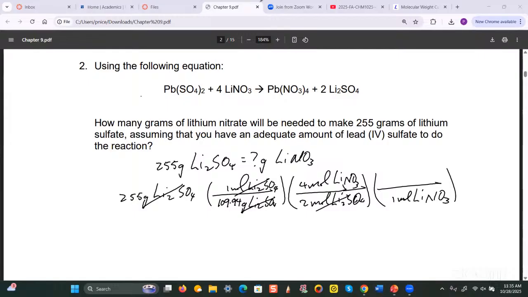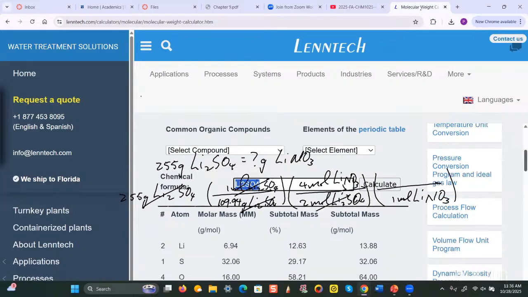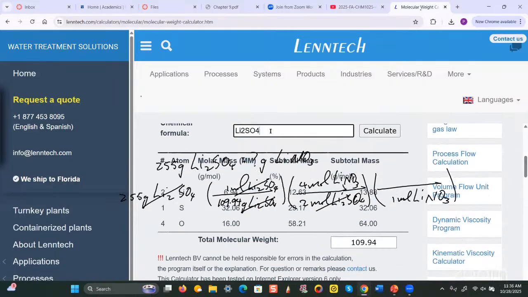Okay, so let me do that calculation here. So lithium nitrate is what we're trying to find the molar mass of.